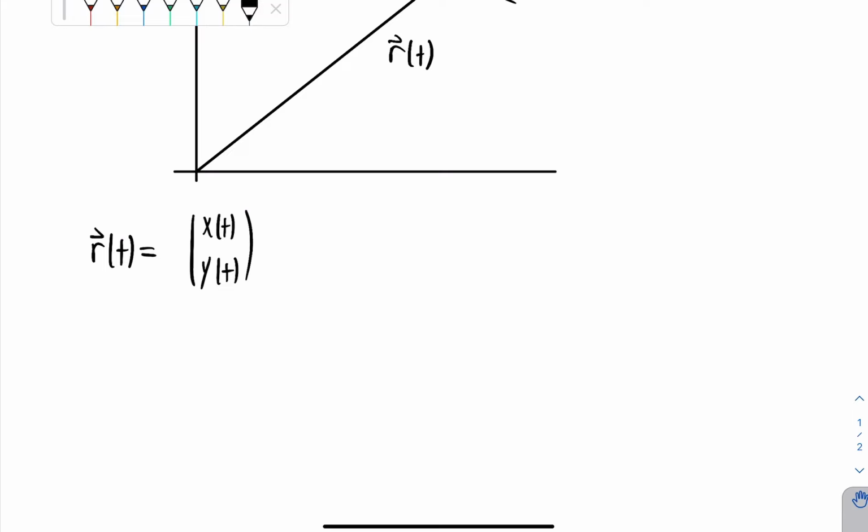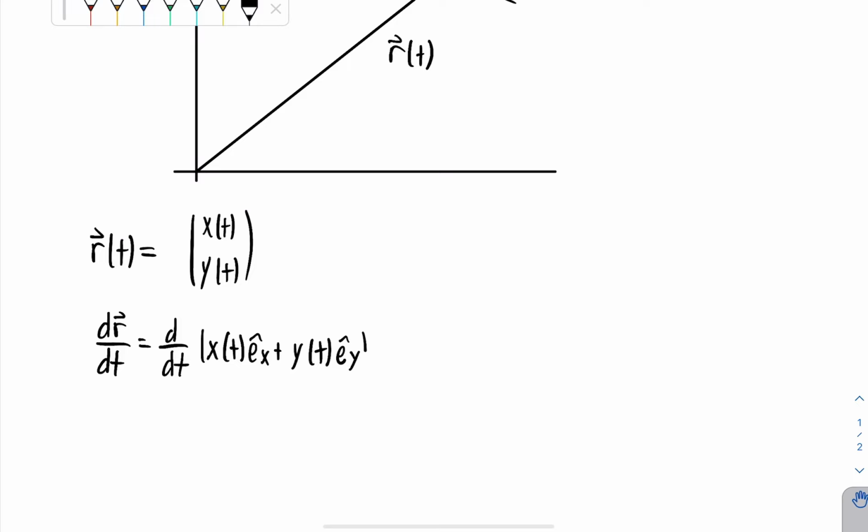So let's say I want to find dr/dt. Well, this is going to be equal to the derivative with respect to time of x of t e hat sub x plus y of t e hat sub y.